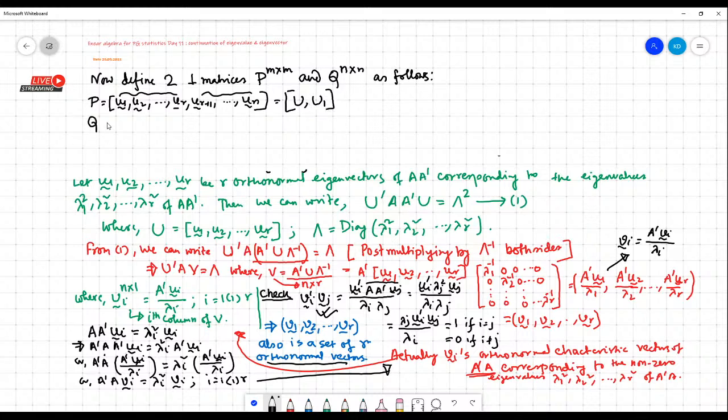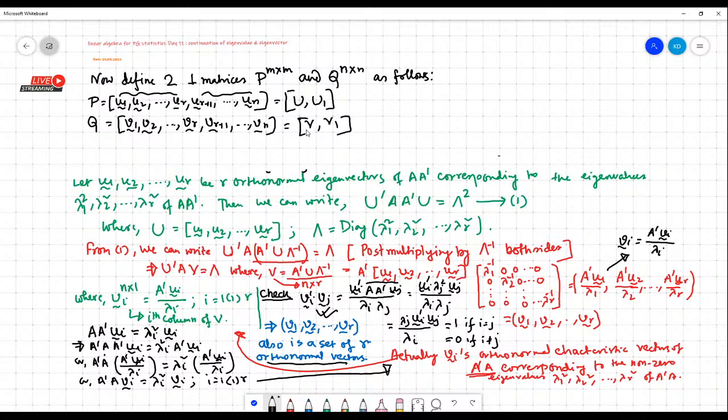And Q is equal to V1 curl, V2 curl, up to Vr curl, Vr plus 1 curl, up to Vn curl. The first portion is capital V, and the second portion I denote by capital V1.